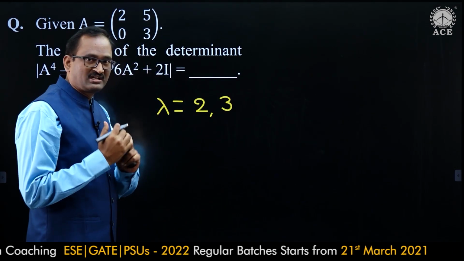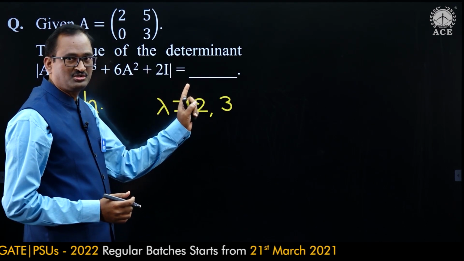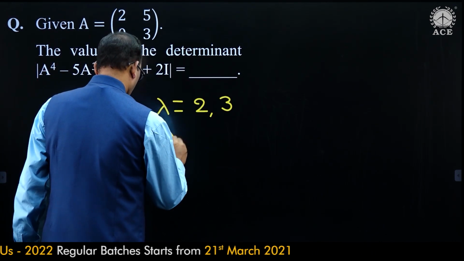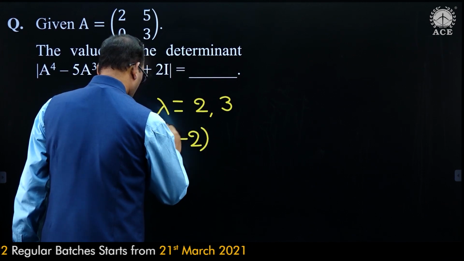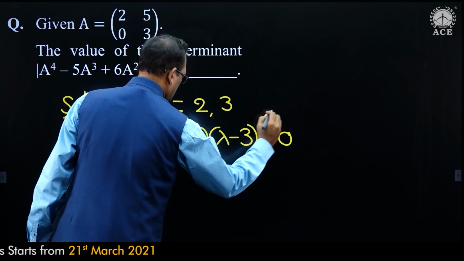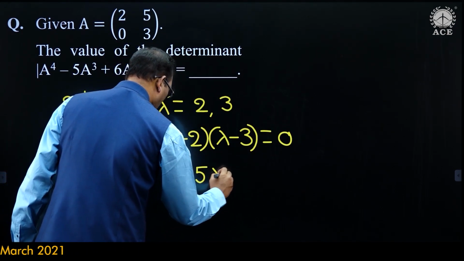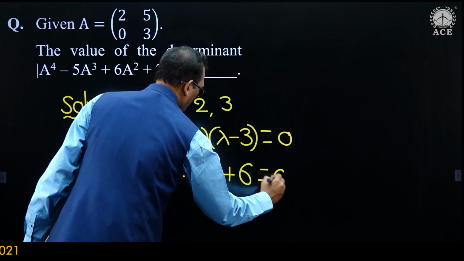So, I want to write the characteristic equation. The characteristic equation is lambda minus 2 into lambda minus 3 is equal to 0. That is lambda square minus 5 lambda plus 6 is equal to 0.